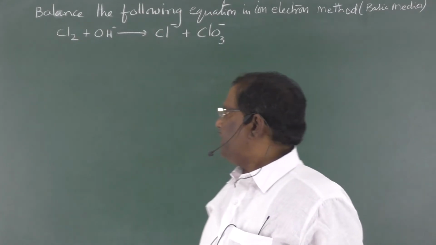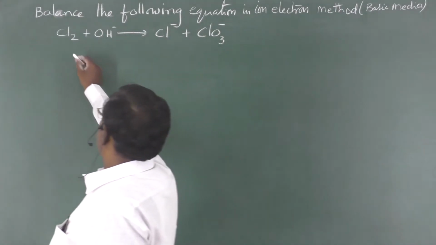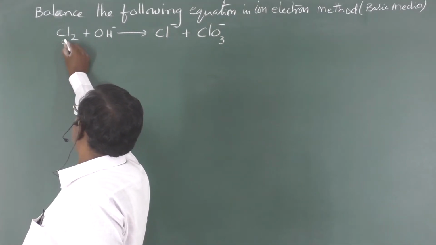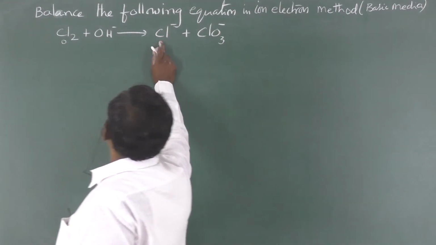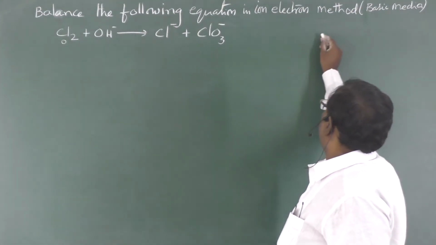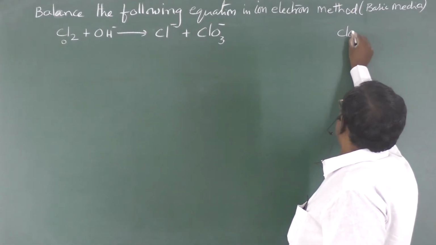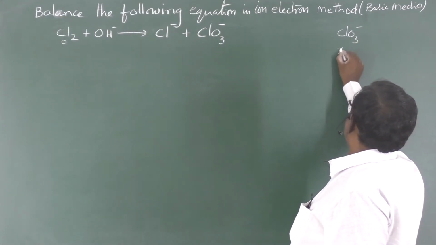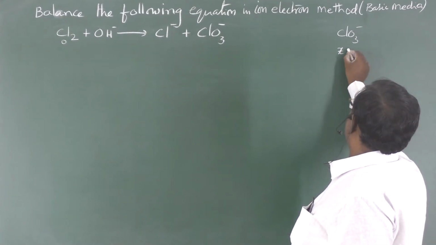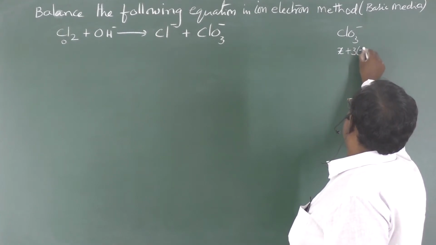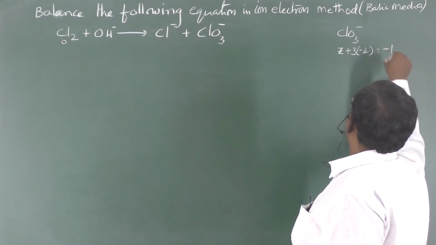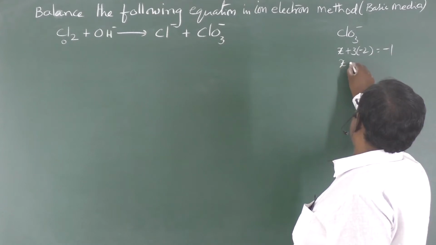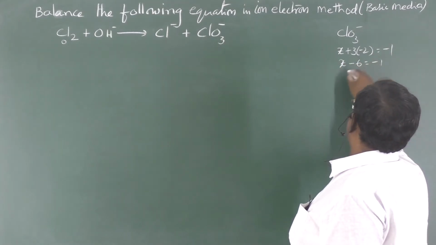So let us verify. In the Cl2 molecule the oxidation state of chlorine is 0, whereas here it is -1. And here you have to calculate for ClO3 minus. The chlorine oxidation state is variable, so we call it X, plus 3 oxygens, and each oxygen is -2, equal to -1. X minus 6 is equal to -1.